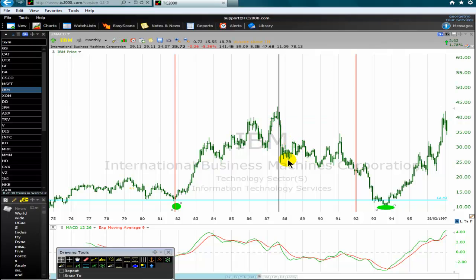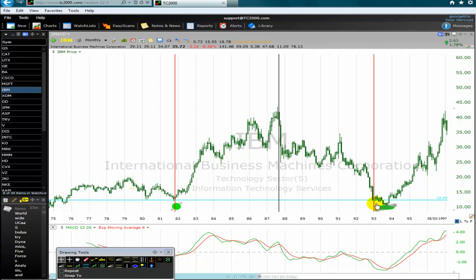If you were buying here and holding, you were wasting your time, because this stock, in fact, has a 10-year cycle. From the starting point, you go up for 5 years, and then you go down for 5 years. That's a market cycle. From 87 plus 5, that's 92. You can see 92 has ended here. Where I placed my vertical line is the beginning of 92, but the end of 92 is here.